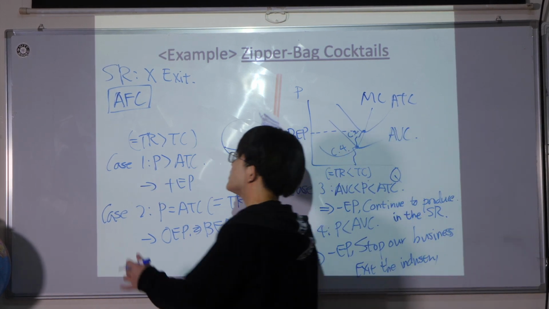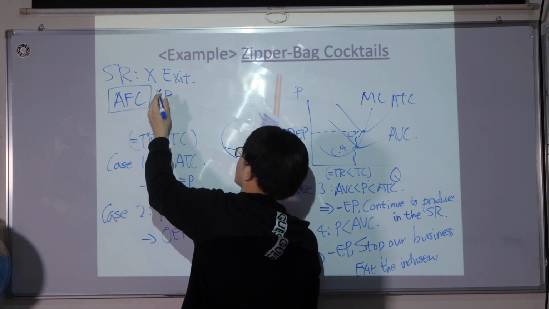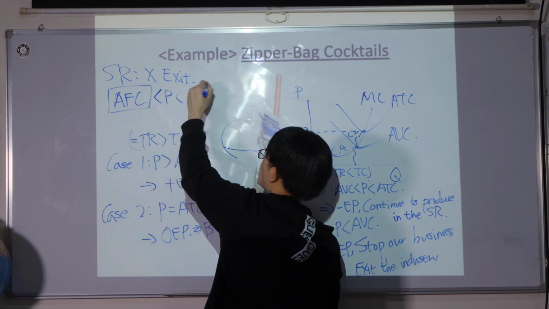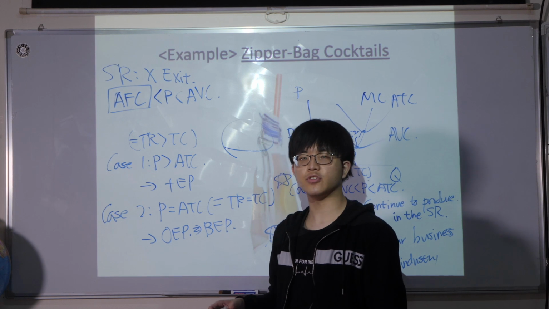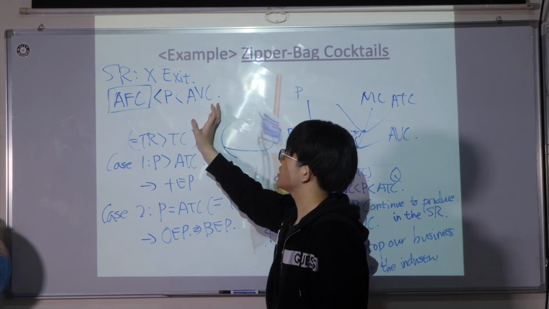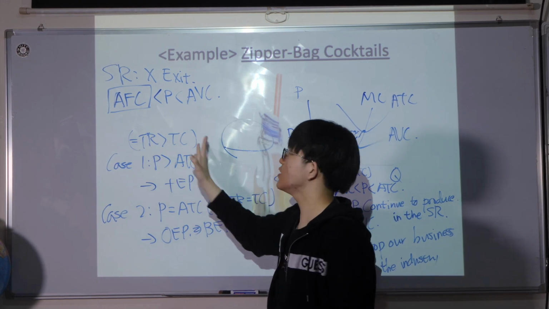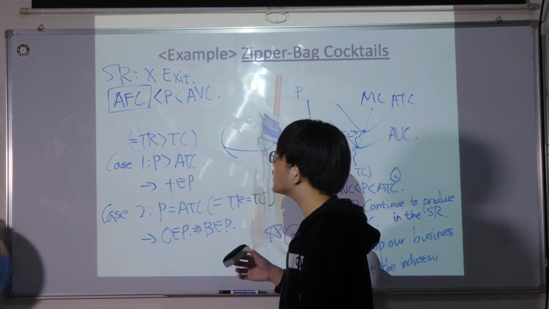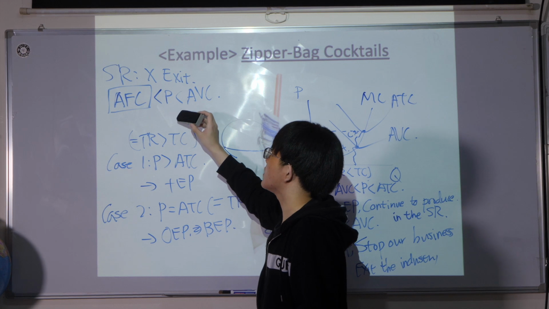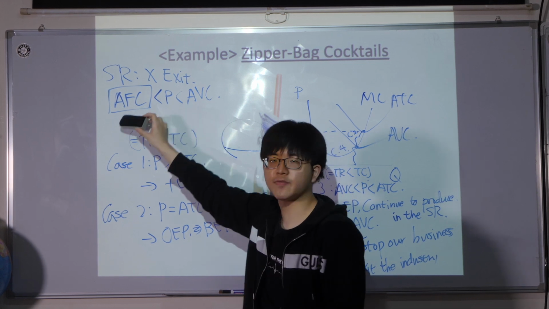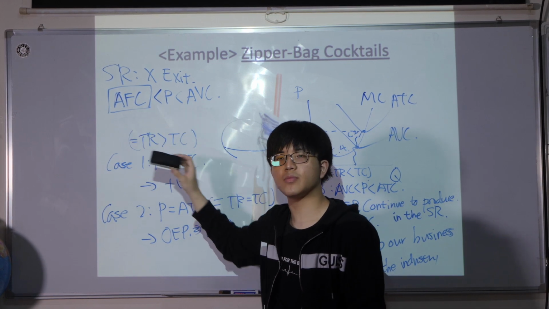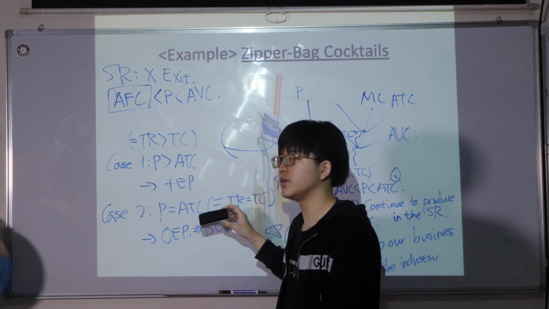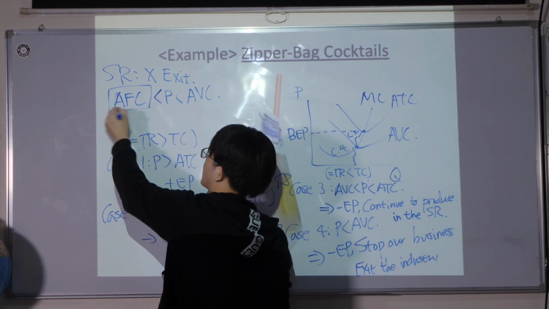Therefore, when AFC is greater than the price but still less than ATC, you don't really have to produce, because what you can earn is not likely the one that you can minimize the loss. And this is good, to get more price than average fixed cost, right? But the problem is that what you really earn only covers AFC.